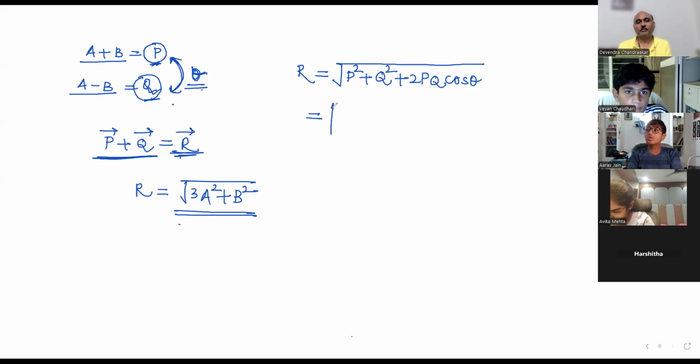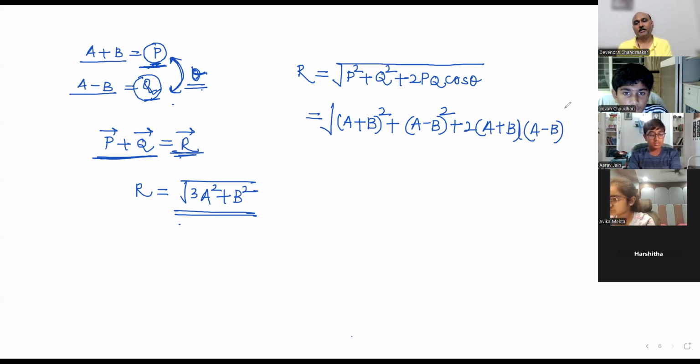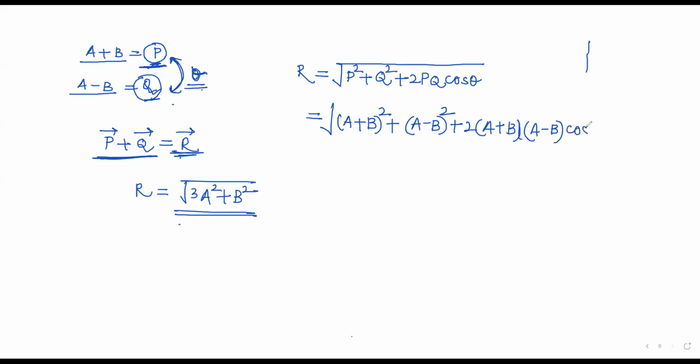Vivan Chaudhary, do you understand or not? What is the value of p? Value of p is a plus b, whole square. What is the value of q? A minus b, whole square. This is 2 times a plus b into a minus b cos theta. Did you understand, son?